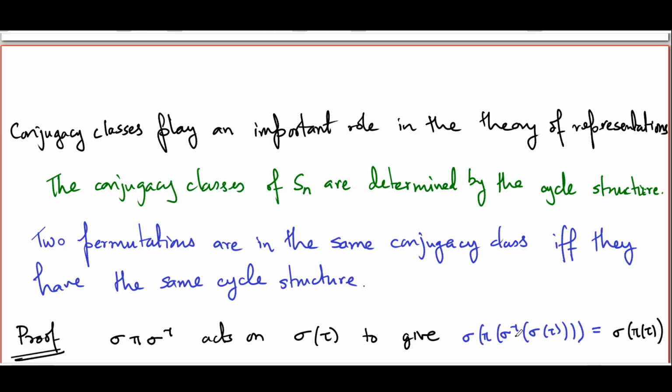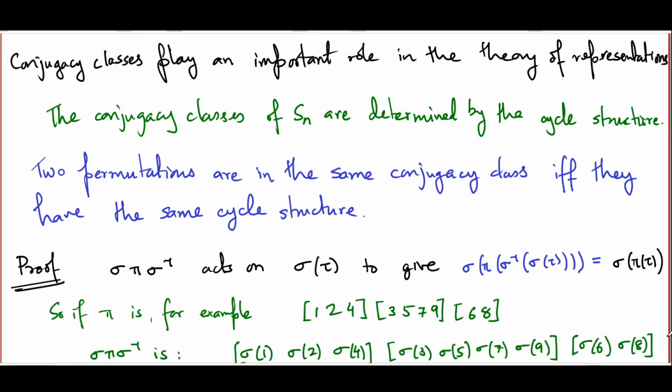Of course, this sigma inverse completely reverses the action of this sigma, and so this is the same as sigma acting on pi tau. So pi takes an element tau to pi tau. Sigma tau is taken to sigma of pi tau by sigma pi sigma inverse.